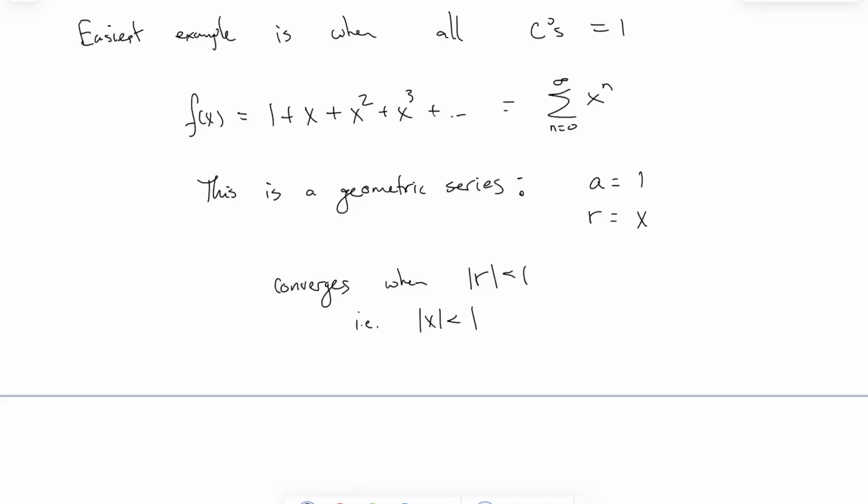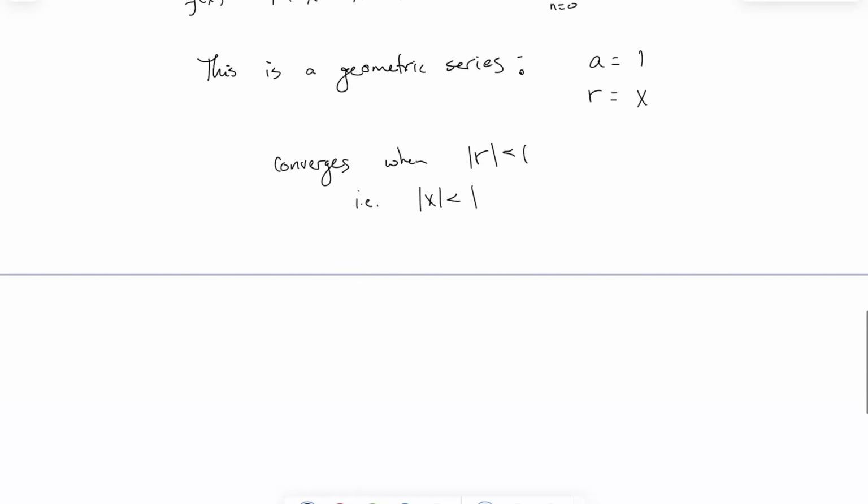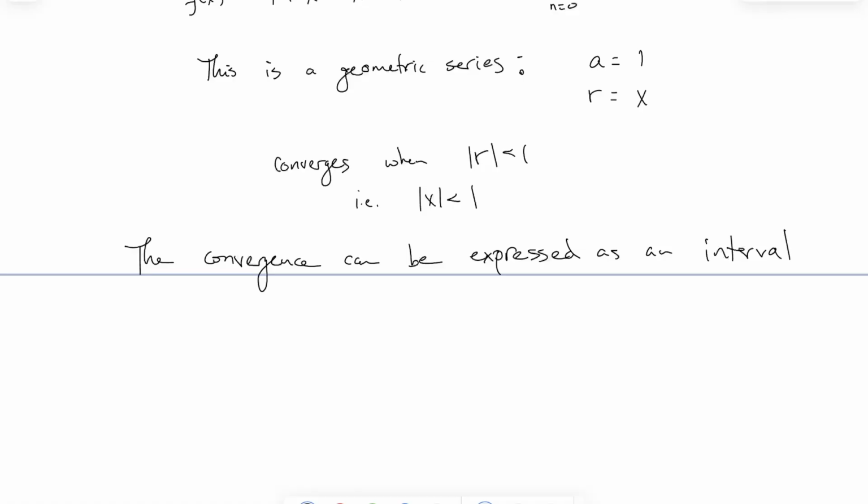Actually, you'll see as we do other examples, we're going to express this as an interval. This is a general fact about power series: the convergence can be expressed as an interval. We've already really done the work for it, but it's just a matter of taking this right here.